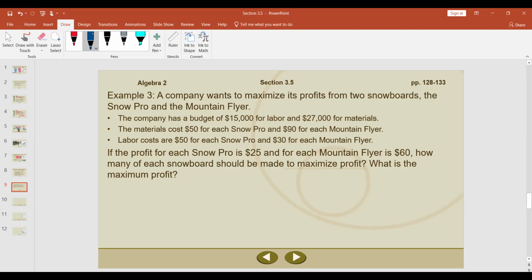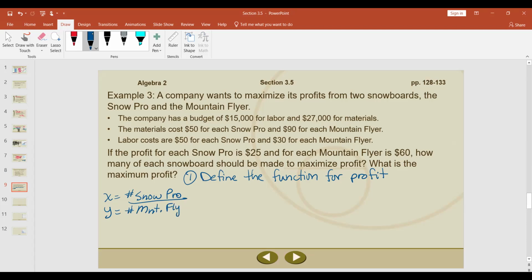So first off, I'm going to go ahead and define x is the number of Snow Pro boards made, and y is going to be the number of Mountain Flyers made.